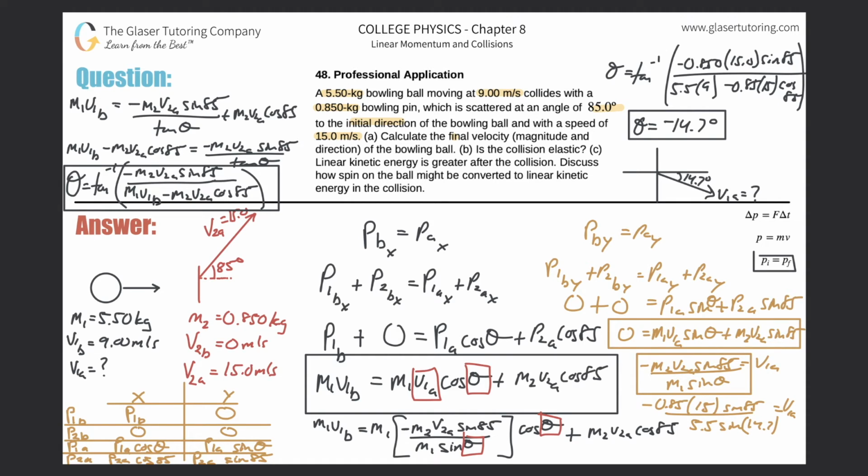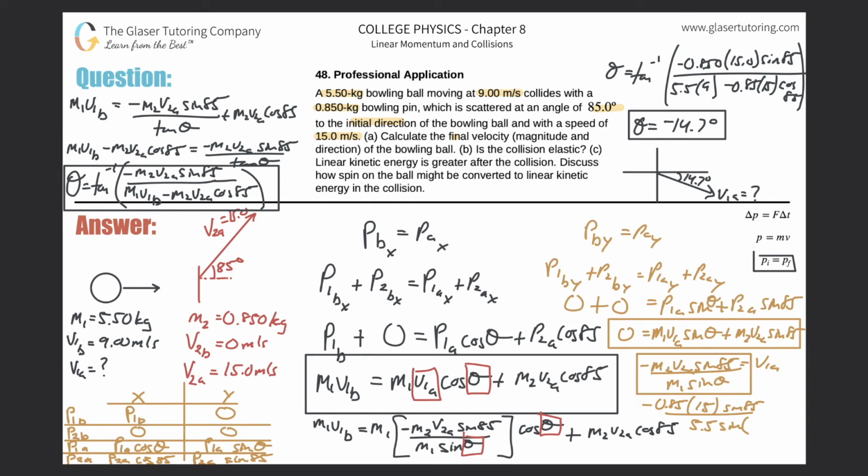Okay, so now let's calculate it. So V1A is equal to negative 0.85 times, actually, I apologize, leave in the negative sign down here, because I realized it's probably just better. Hold on one second.